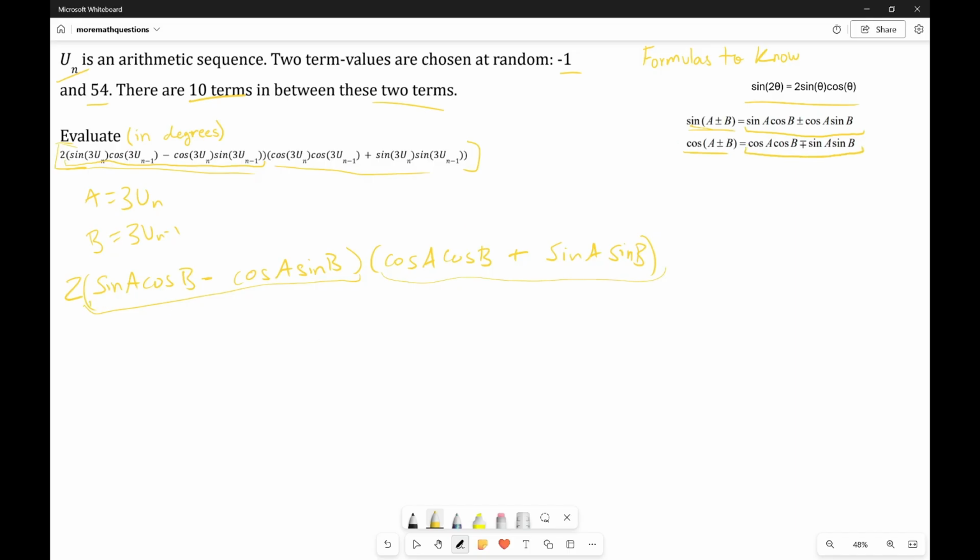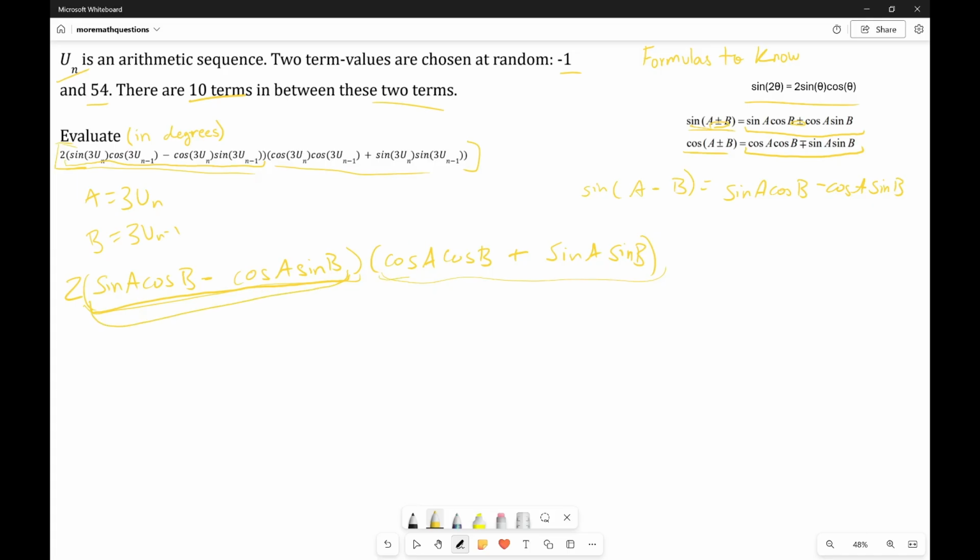This first parentheses matches clearly with the sine a minus b formula. So we know that sine a minus b is equal to, because we chose a minus over here, we will also choose the minus down here, sine a cosine b minus cosine a sine b. Okay, so that is matching exactly with what we have over here.